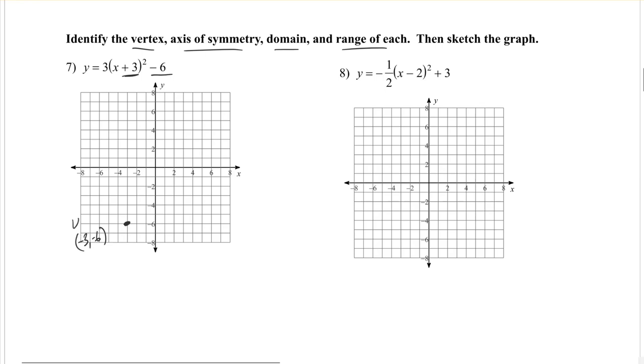That's our vertex. Then, that means that we have an axis of symmetry at x equals negative 3. So we'll graph that and label that, AOS, x equals negative 3. From here, we've got to work our way out, so we'll take our equation.